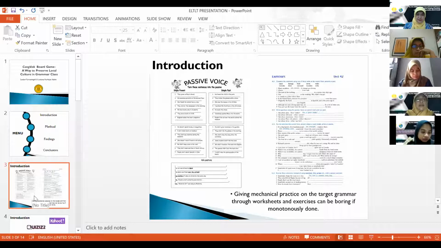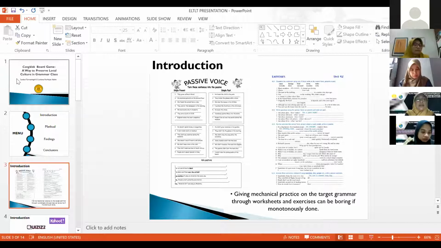Well, when it comes to teaching grammar, I believe that most of us will give some kind of mechanical practice to the students on the target language to check their comprehension. Often we will give them worksheets and exercises.